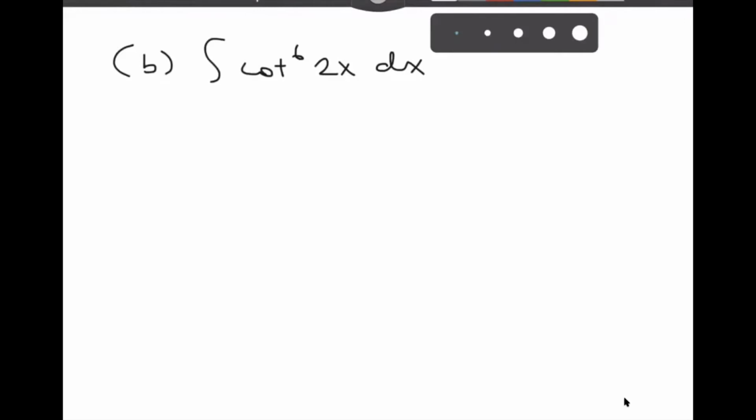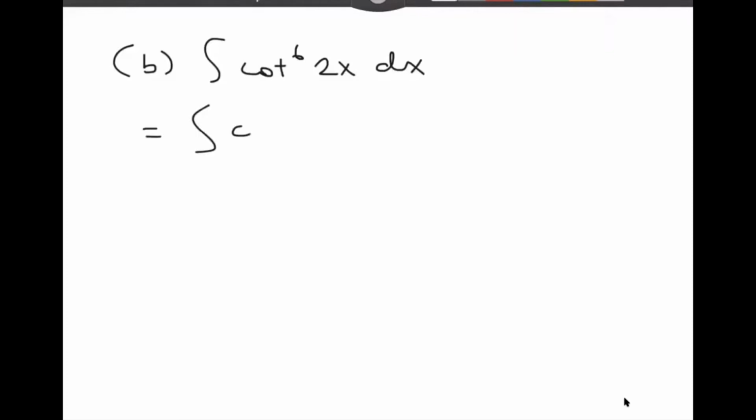So what I'm going to do with this is first break it into the integral of cotangent to the 4th 2x times cotangent squared 2x. And then I'm going to use my identity for cotangent squared. Before I started the video, I did practice this problem to make sure that I remembered how to do it.